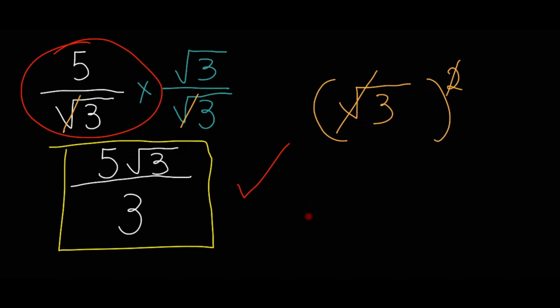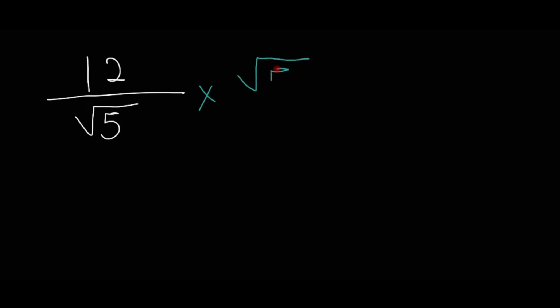Let's look at another example. Let's say we have 12 over root 5. So we are going to do the same thing. For the reason that our denominator is in the form of a Surd, we are going to try to cancel. We are going to multiply the top and the bottom by this Surd.